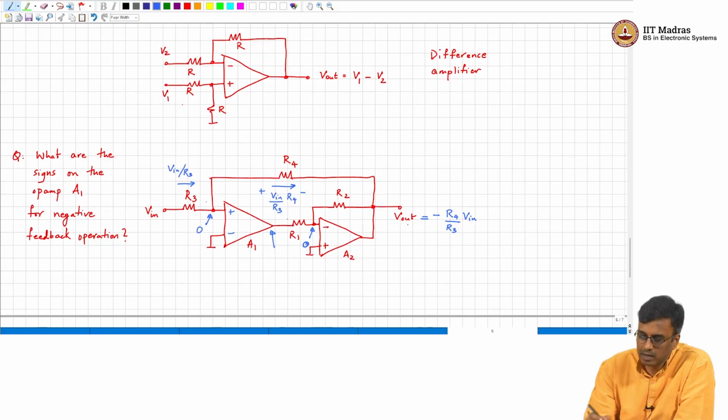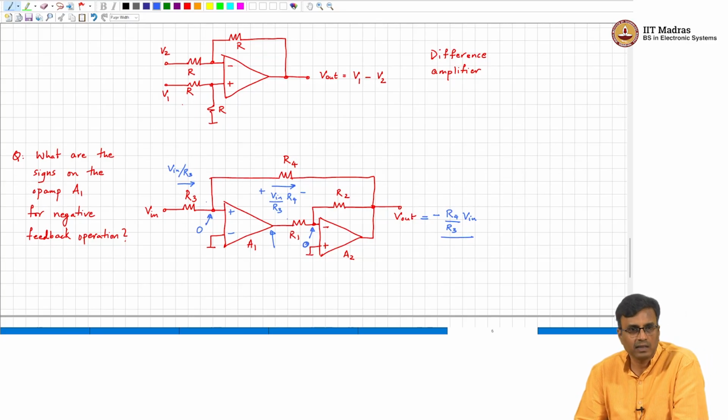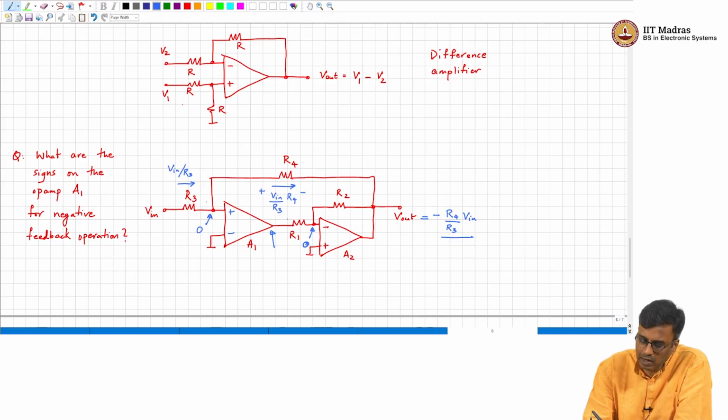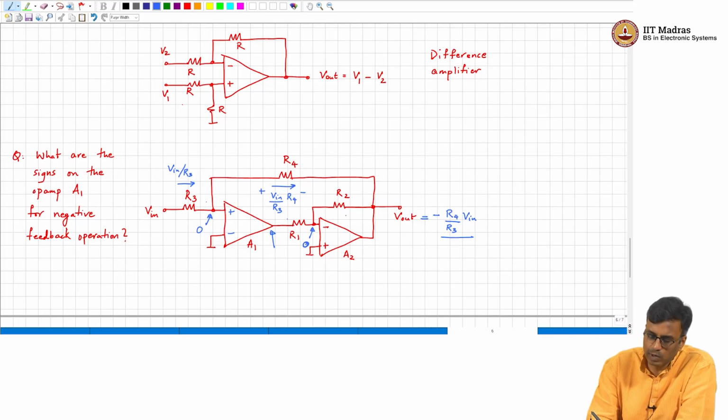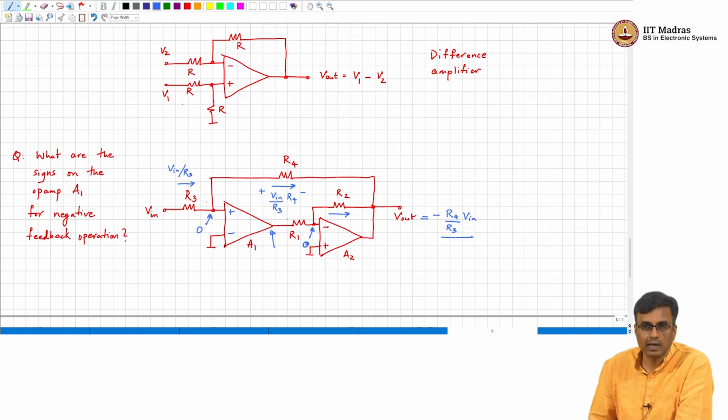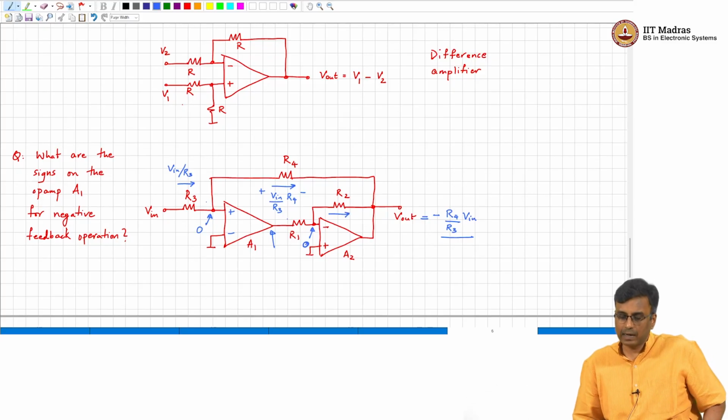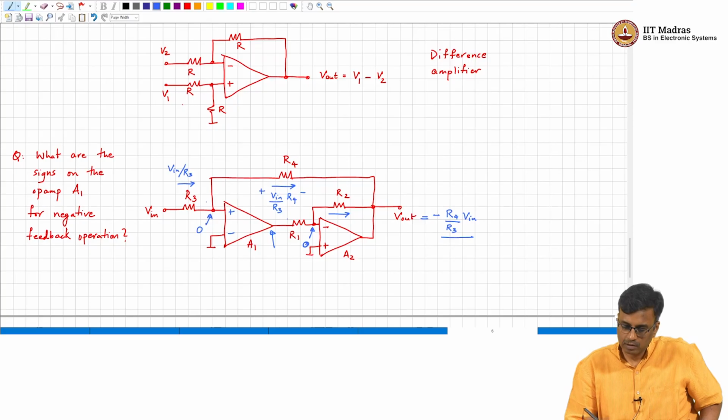This is 0, and this output voltage is minus R4 by R3 times Vin. So, in which direction will current flow? Towards the output of the op amp. So, what will that current be? Vin times R4 by R3 times R2.